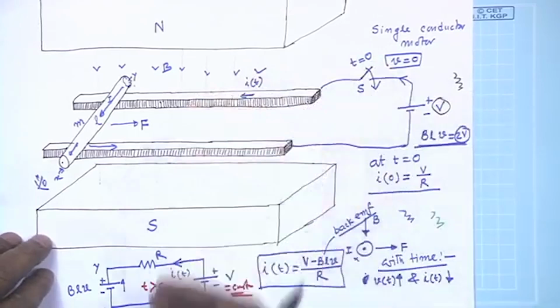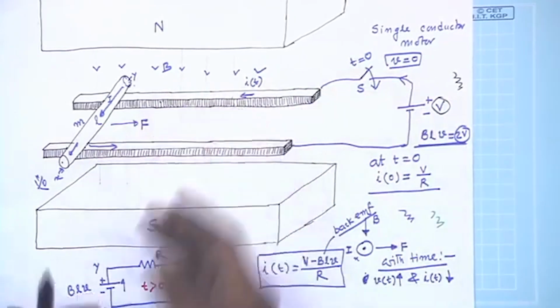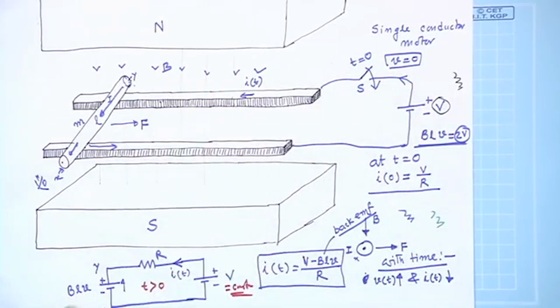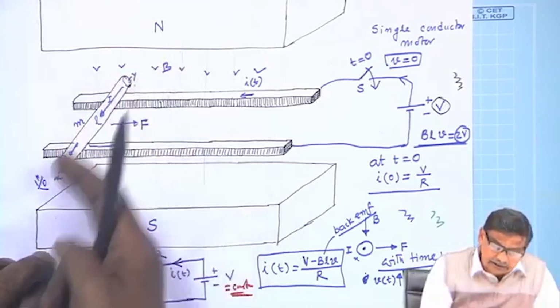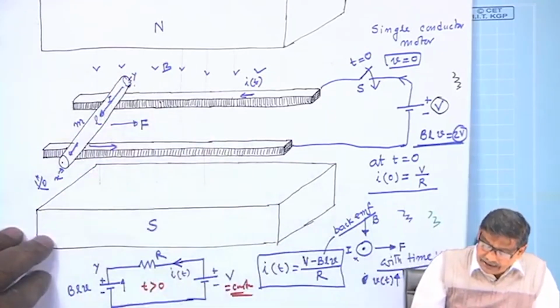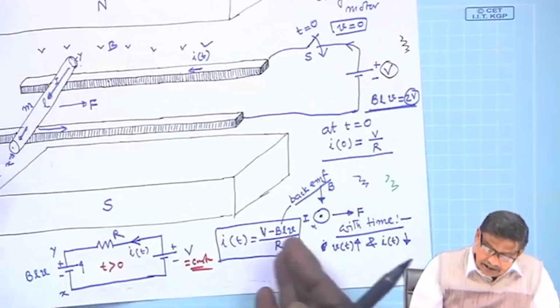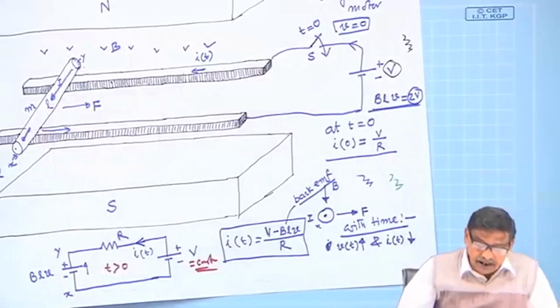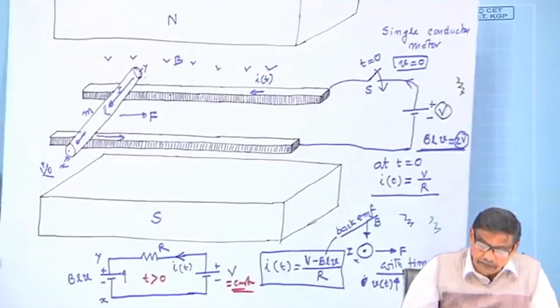Of course, your battery supplied some energy to the system, which will ultimately be stored as kinetic energy in this conducting length. We did these things and found out how current and velocity vary with time and finally attain a steady state value.